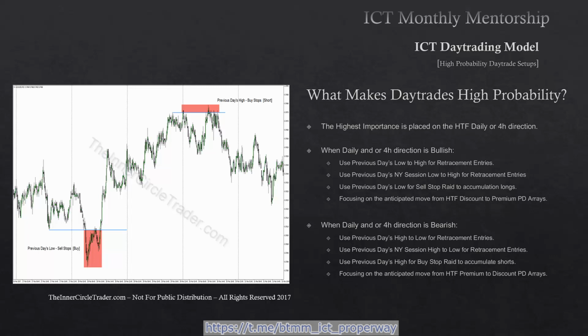In other words, the total range from the London session extreme, whether it be a high or low, to the low or high prior to the New York session beginning. So between New York opening, what's the extreme on the range for that day in London? Is it high or low relative to the beginning of New York session? That range also is important.